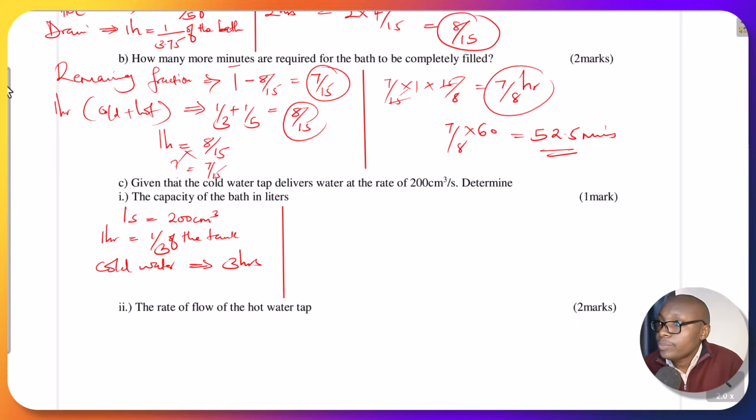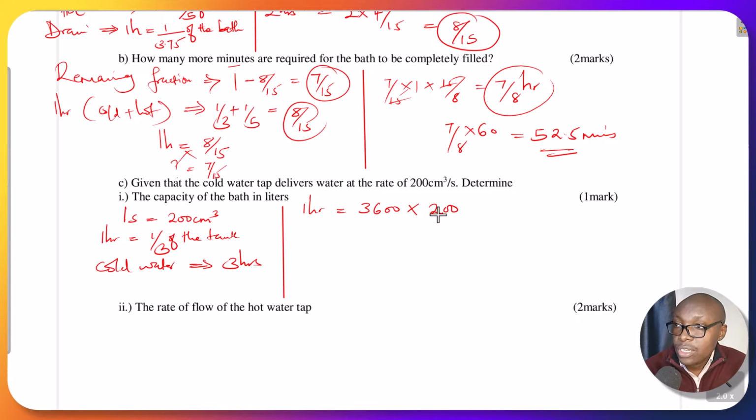Then from there, if in 1 second it can fill 200 centimeters cubed, what about in 1 hour? Remember, 1 hour has 3,600 seconds. So now we are converting the rate from seconds to hours.